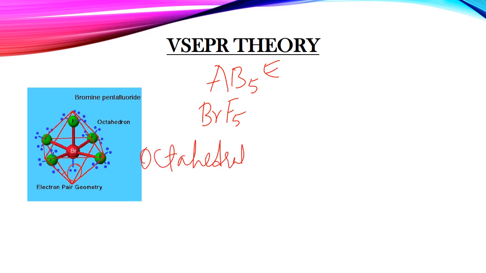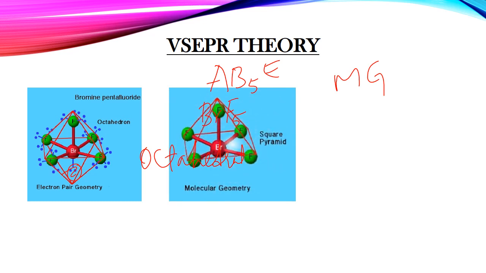And if we ignore the lone pairs to get the molecular geometry, then the geometry will be square pyramid, as you can clearly see in the image here. The molecular geometry will be square pyramid.